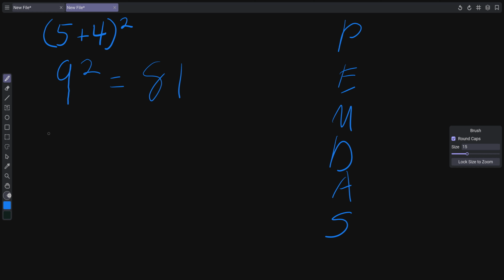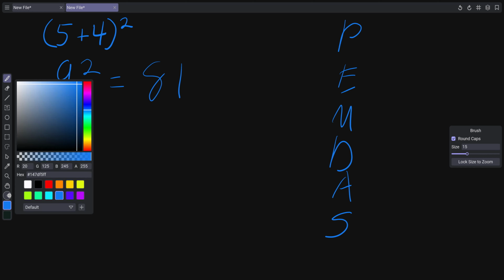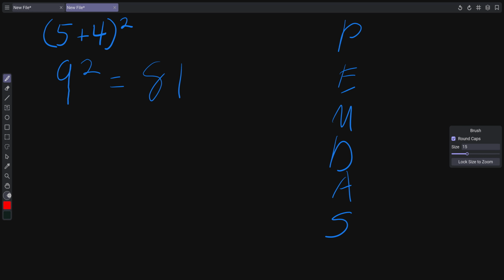If we took 5 squared and 4 squared and we just added them together. So 5 squared would simplify to 25 and 4 squared would simplify to 16.